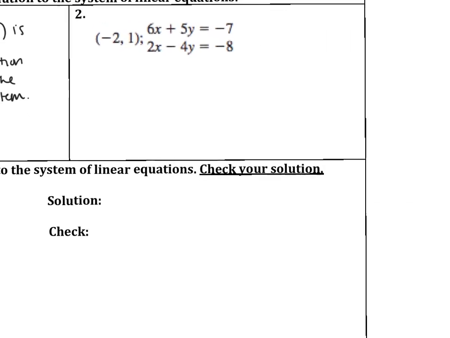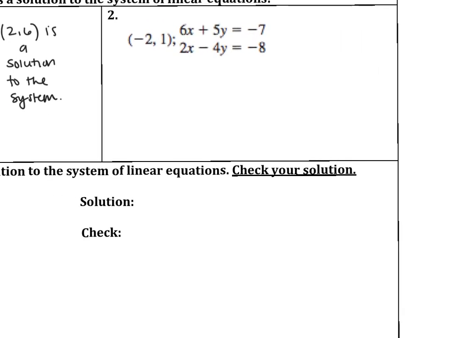Number 2. Let's do this again. Kind of the same situation. I'm going to plug in negative 2 for x and 1 for y. I've got a blue equation and I've got a red equation to kind of keep things straight.